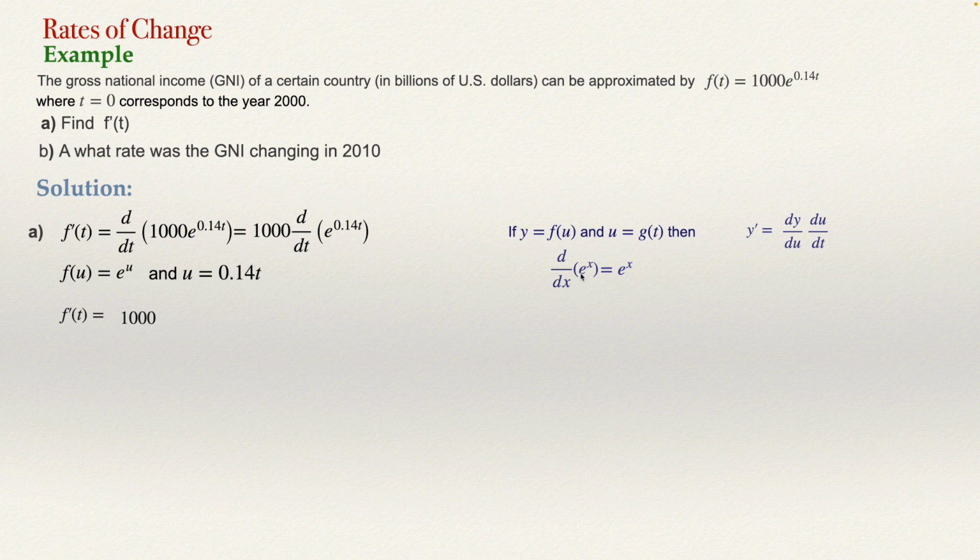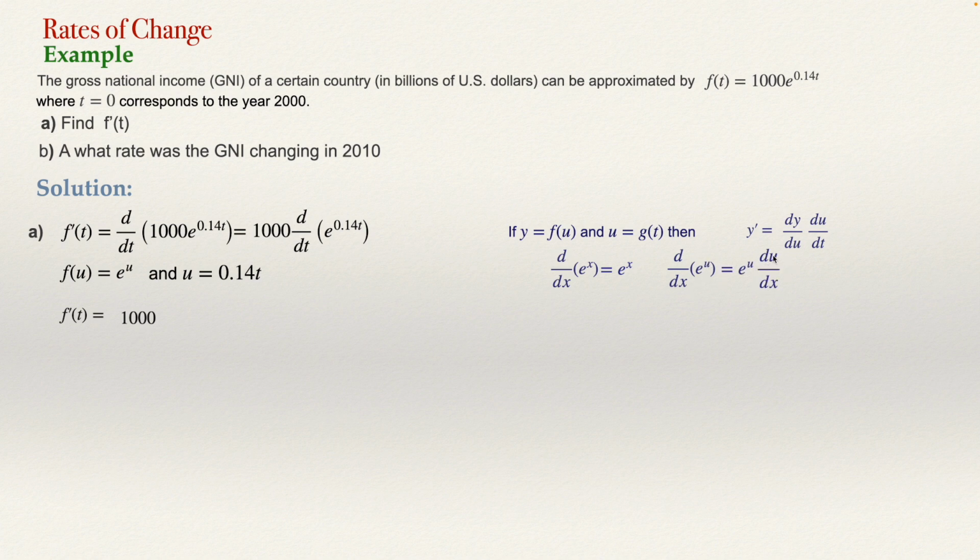The derivative of the exponential function is the same exponential function if the exponent is the same independent variable. But in this case, what we have is e to the power u, so e to the power 0.14t. So in this case, we use the chain rule. So we get the derivative of e to the power u will be the derivative with respect to u, so e to the power u.